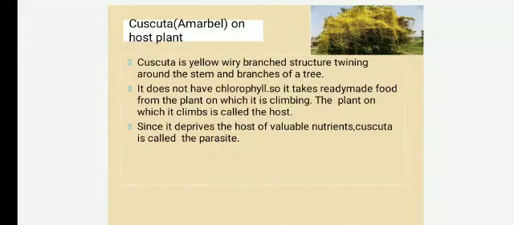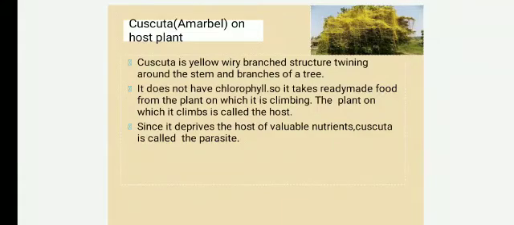So okay, children, I will drill it once again. Cuscuta is a yellow wiry plant which twines around the stem and branches of a tree. It does not have green leaves, so eventually it does not have chlorophyll. So it takes ready-made food from the plant on which it is climbing.